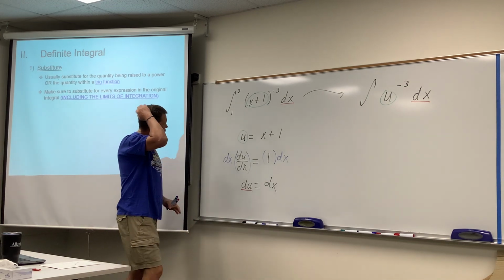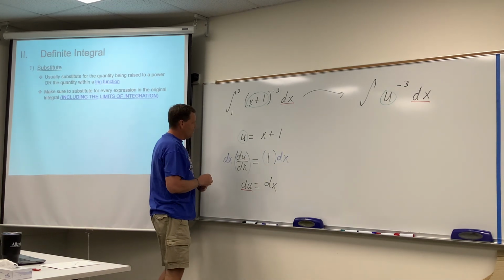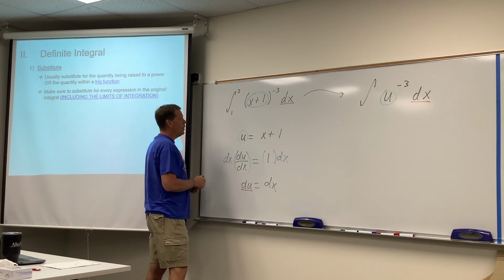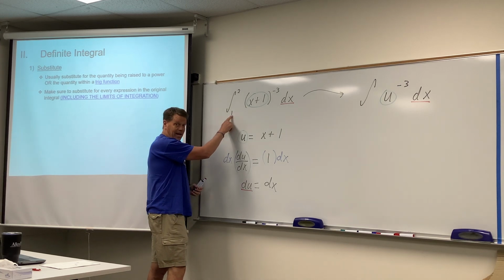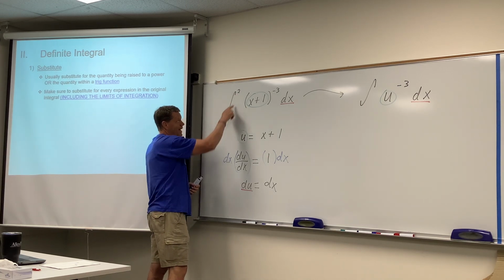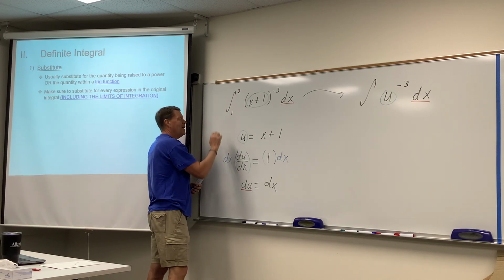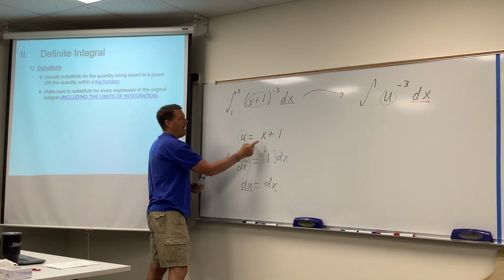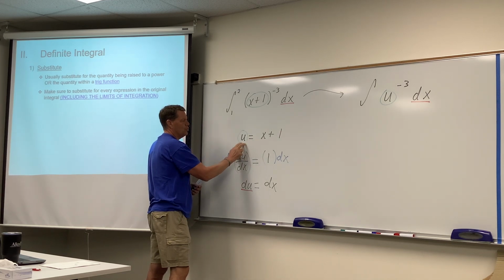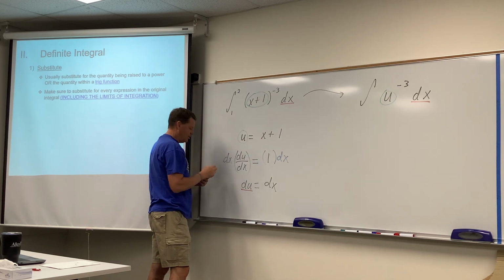All right? And so the way we do that is we look at this and we say, well, you know what? That 1 there is a value of x. Remember, these are on the x-axis. We're integrating from 1 to 2 on the x-axis. These are values of x. And just like every other thing, we change those x's into u's with that original substitution.